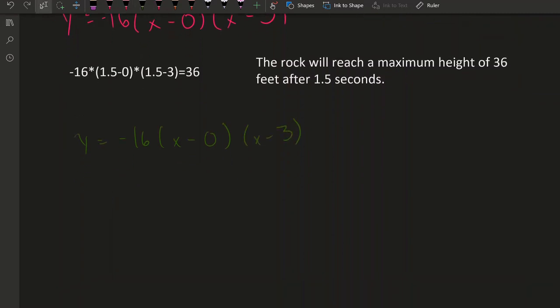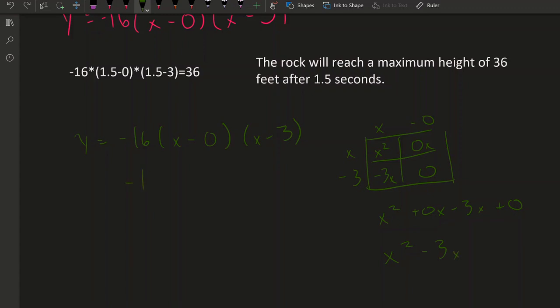And I'm just going to multiply those. So I have these two binomials here. So I could put x minus 0 and x minus 3. This is x squared. This is 0x, negative 3x, and 0, giving me x squared plus 0x minus 3x plus 0. And simplifying that just turns it into x squared minus 3x.